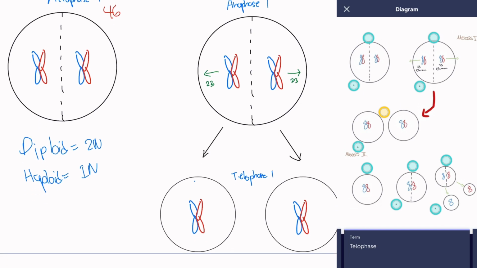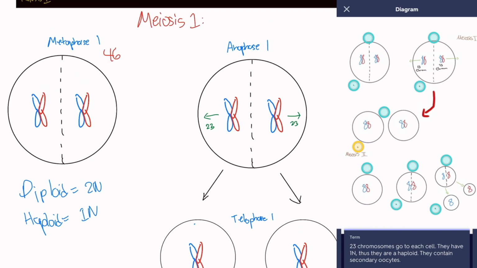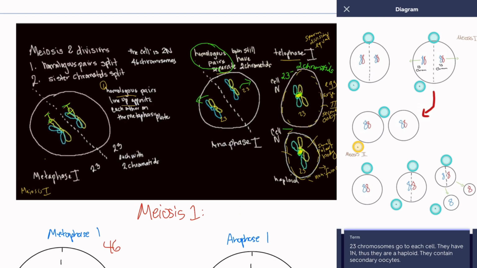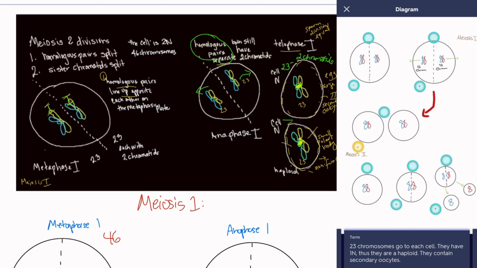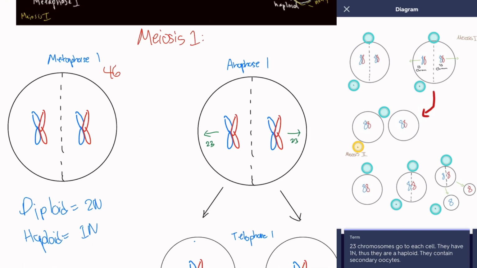The ends split, so now each end has its own cell. So 23 chromosomes go to each cell. Therefore, they have 1N, and they are known as haploid. And in telophase 1, they contain the secondary oocyte. And that should be it with the first meiosis.